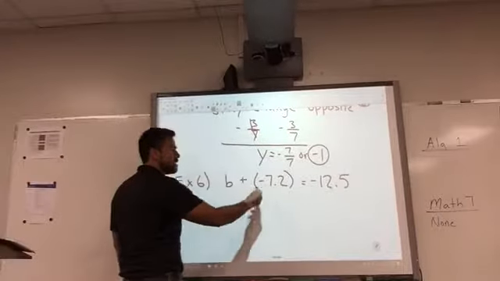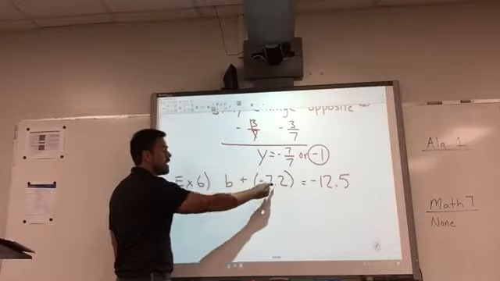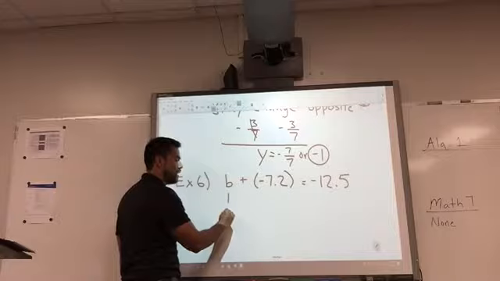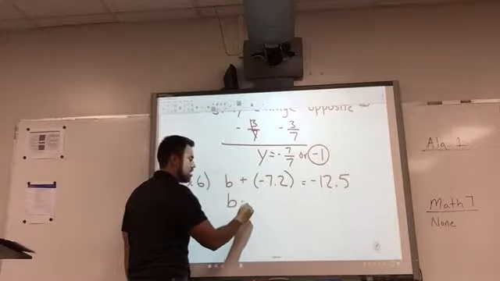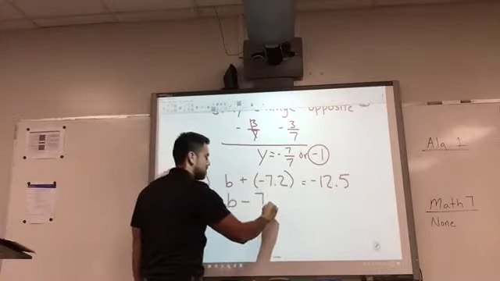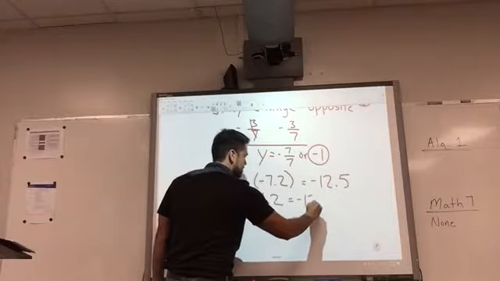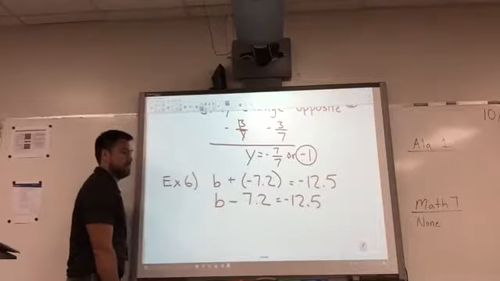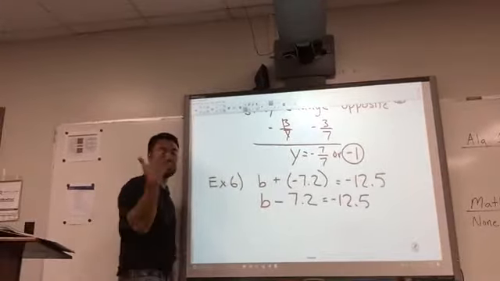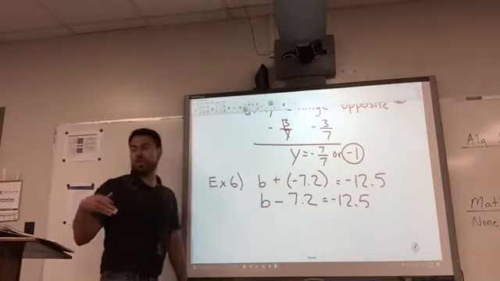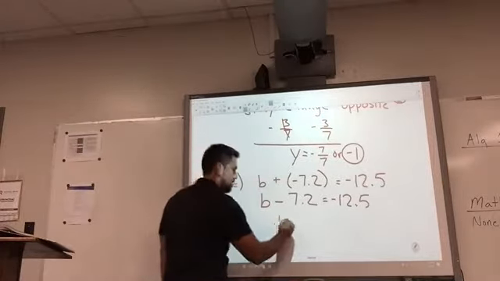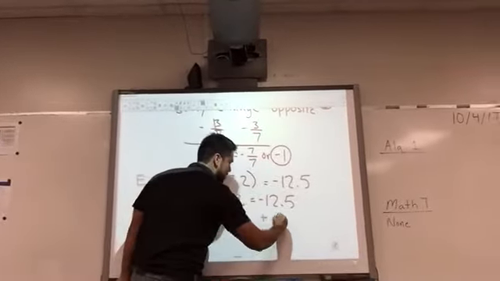How do I change this to make it look a little bit better? Because right now, this is kind of confusing. Why don't I change it to this? Ready? Stay, change, opposite. Doesn't it make it just easier to look at? And if it's easier to look at, usually it's easier to deal with. So I add 7.2 to both sides.